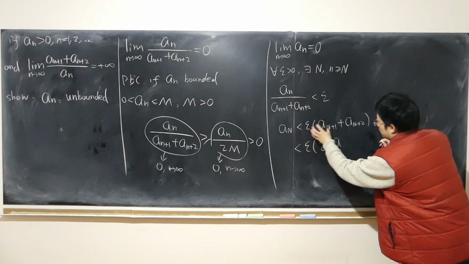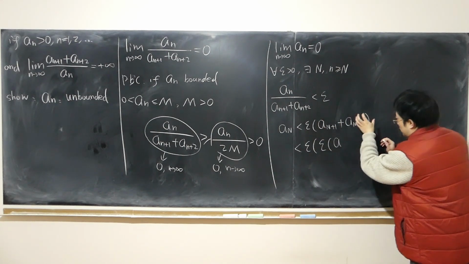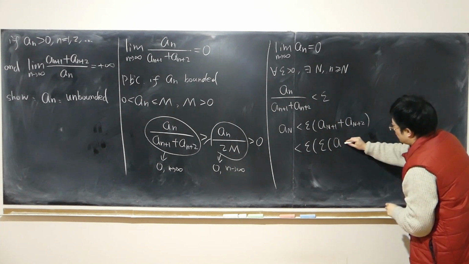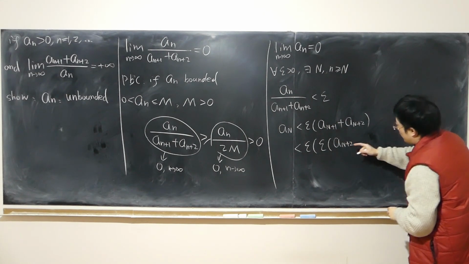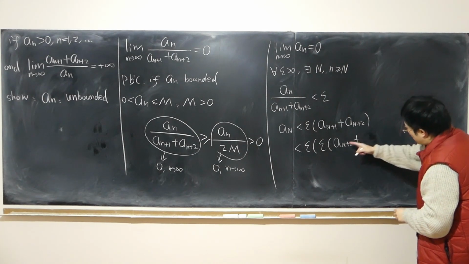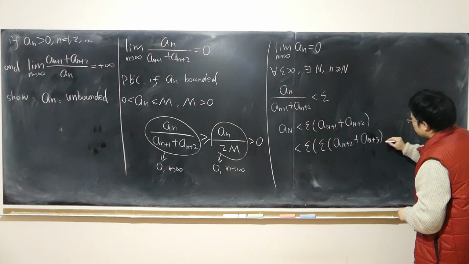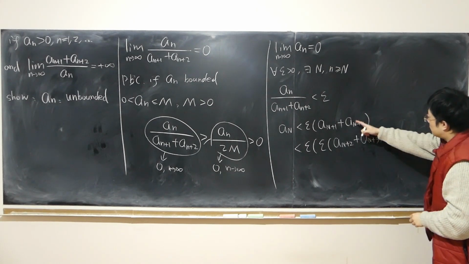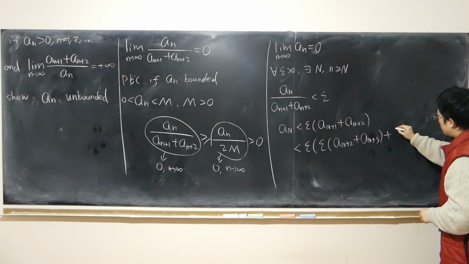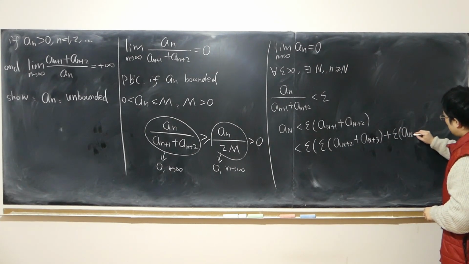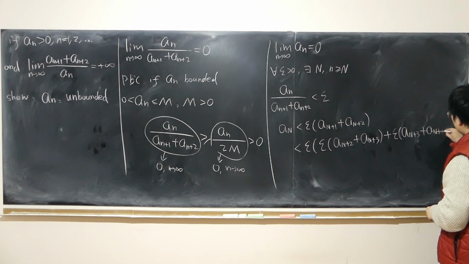The next term after this is a_{N+2}, and the next term after that is a_{N+3}. Likewise, this can be replaced by epsilon times a_{N+3} plus a_{N+4}.